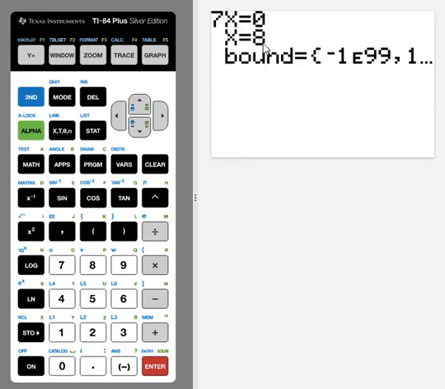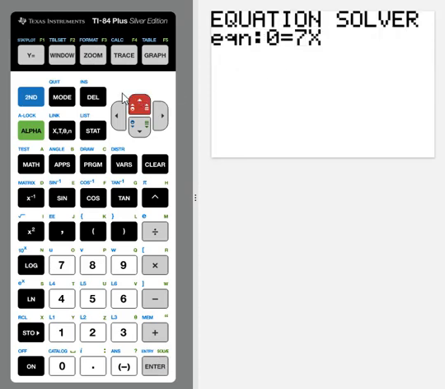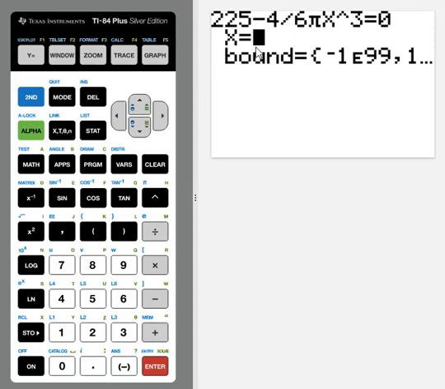If you have something over here, you can press up arrow, then clear. You will put 225 minus 4 divided by 6 pi r to the third power. You will do x to the third power. Then I press enter.